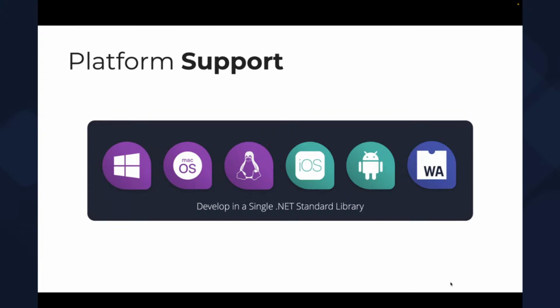Now, that isn't to say that you should use 100% of your code across all of the platforms. Taking a high fidelity desktop application and running it on an iPhone is going to deliver a horrible user experience for your end user. You could do that if you wanted to. I just wouldn't recommend it. But what you can do is reuse all of your view models and business logic, and then tweak the UI.